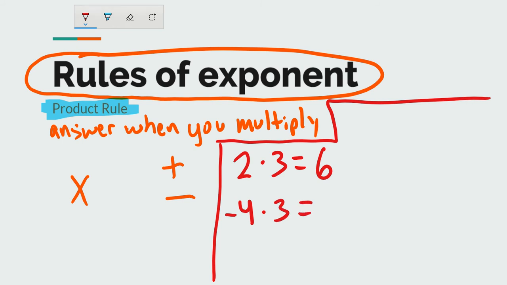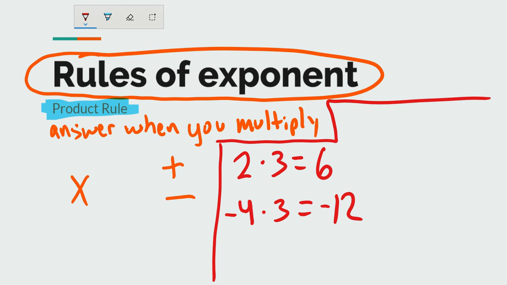Now we have negatives times positives. We treat them the same way. We've been multiplying these integers for a while now. 4 times 3 would be 12, and a negative times a positive is a negative. So when we multiply the constants, the big numbers, we multiply like we've been multiplying ever since we can remember.